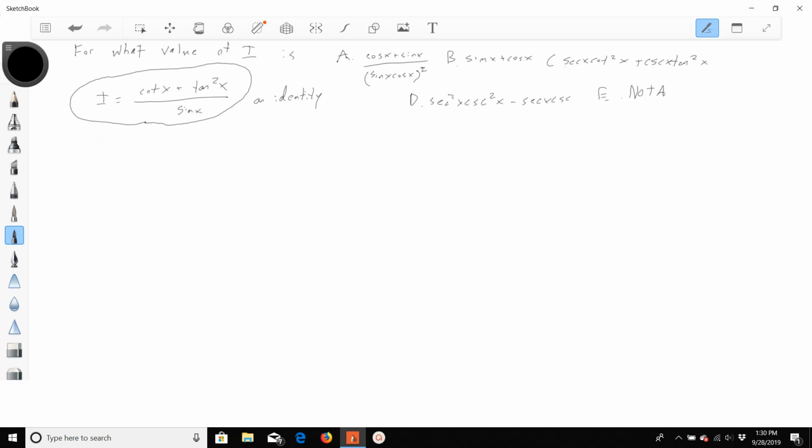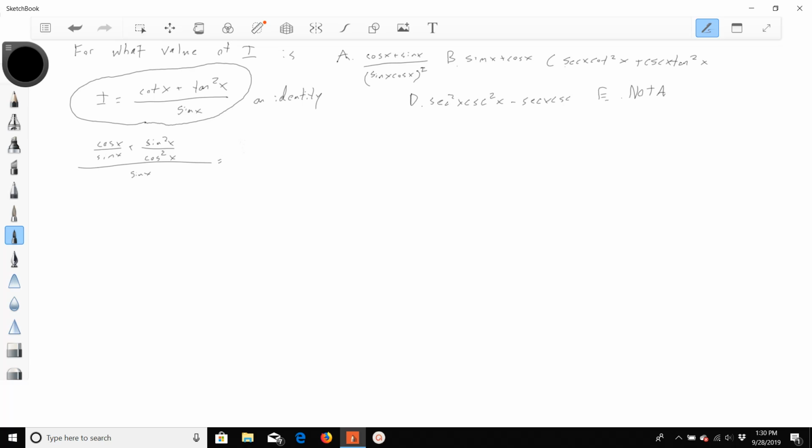Okay, now we got that down. So I'm going to convert everything into sines and cosines. We're going to get cosine x over sine x plus sine squared x over cosine squared x, all over sine x. Sine x is what you use when you have a stuffy head or a stuffy nose.